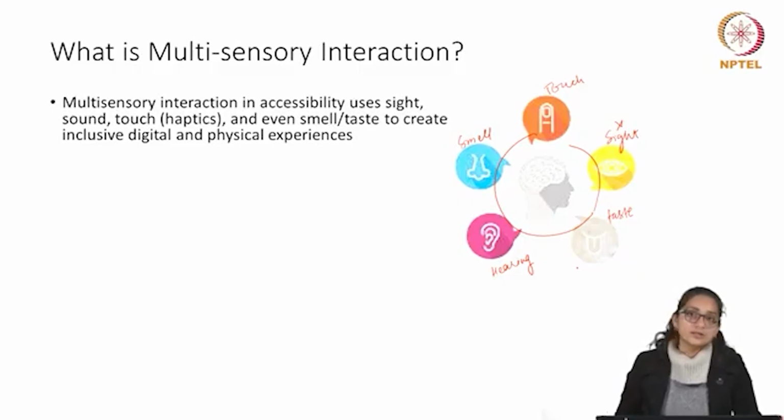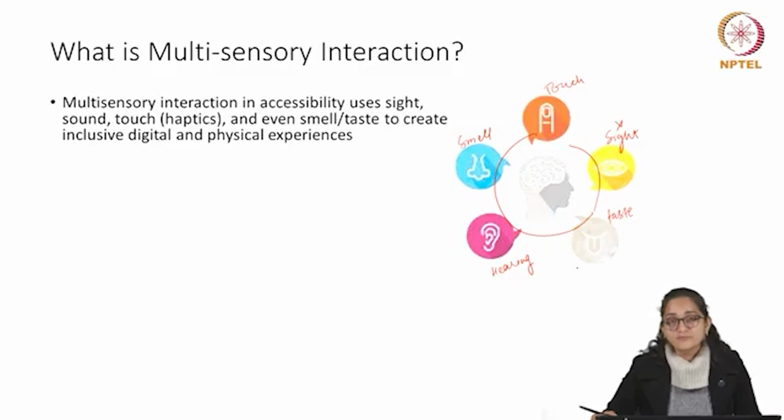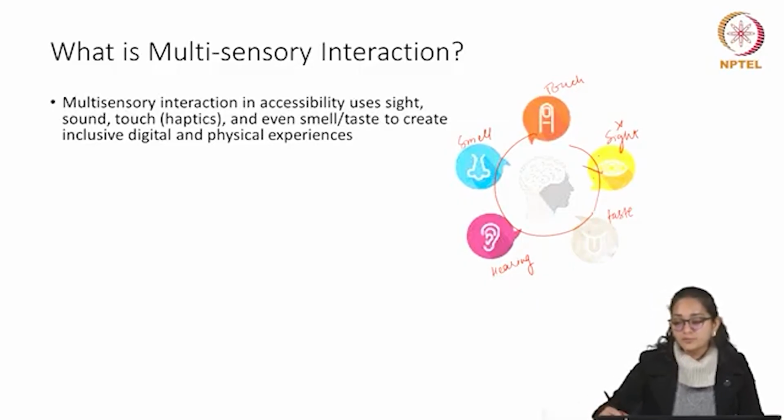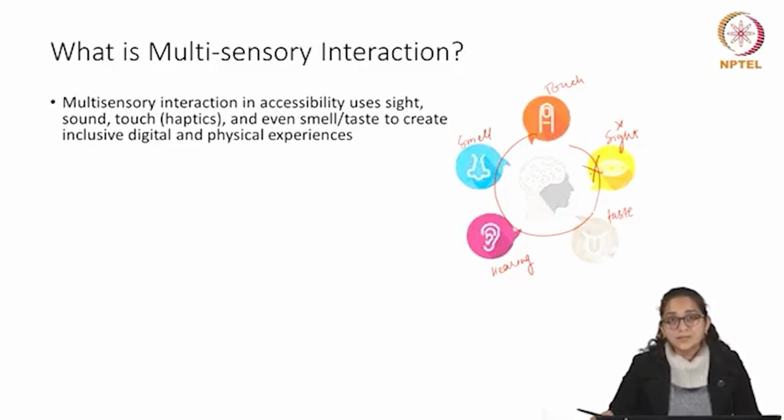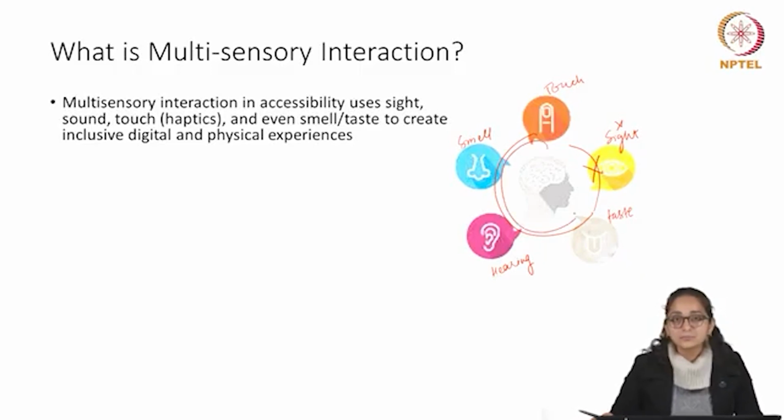And particularly in terms of accessibility, of course, it's going to enable inclusion, because say people who have visual impairment have no access to one of the modalities, then relying on other modalities becomes even more necessary, and that is why the system needs to have multimodal interactive elements.